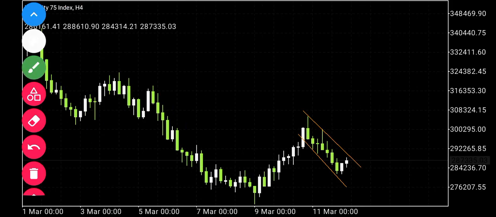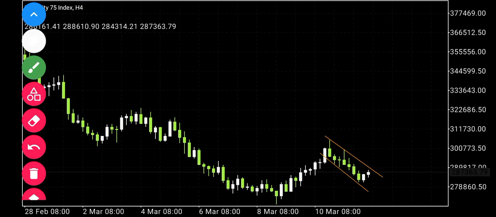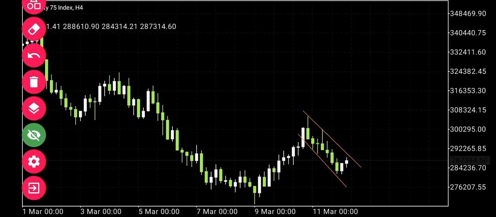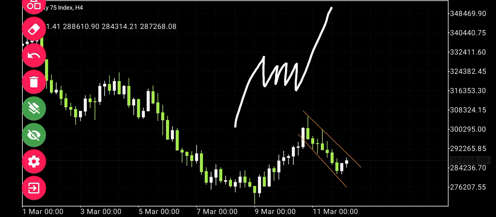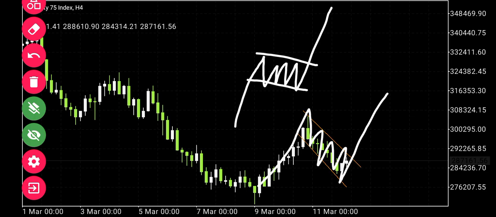As we understand, based on our strategy, when we are reminding ourselves about the nature, we always have something like this: impulsive move, then correction, impulsive. So this will be the same like this one. Here we are having impulsive, then correction, impulsive.